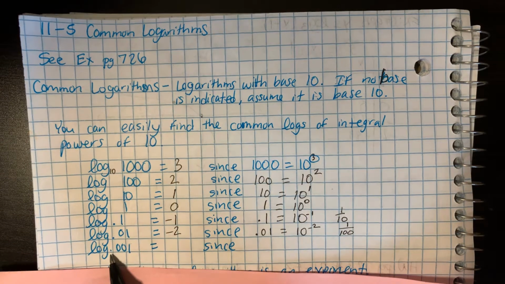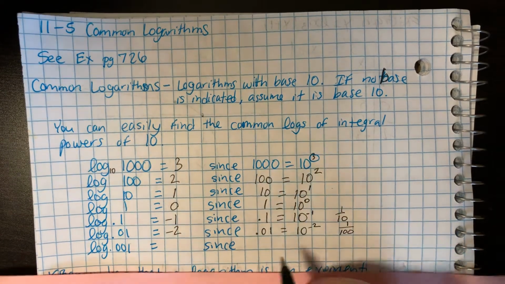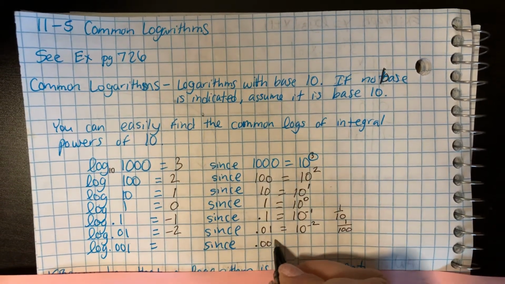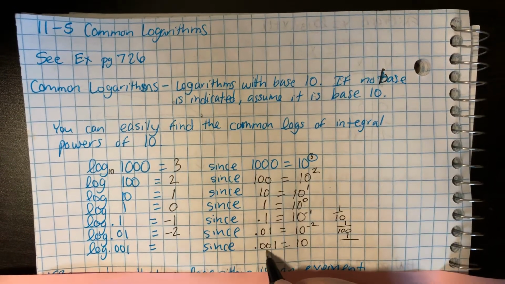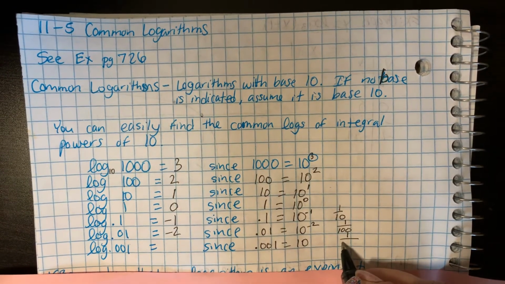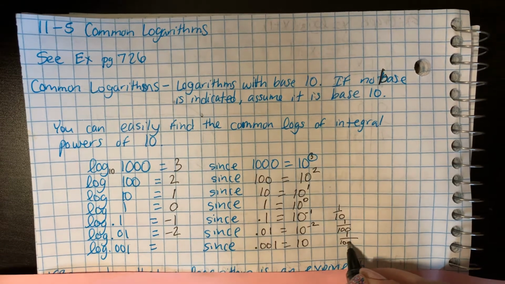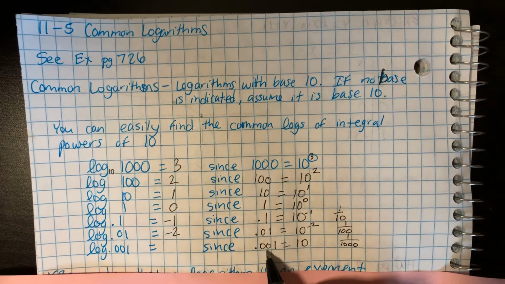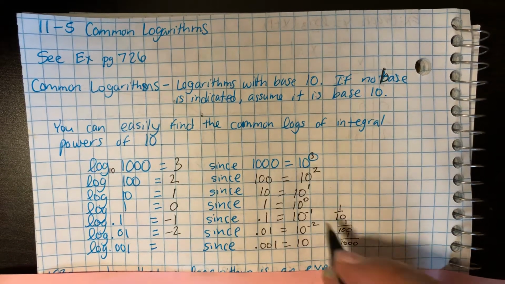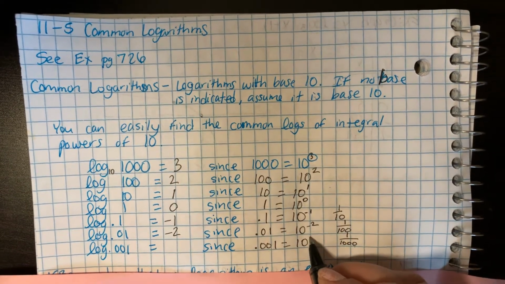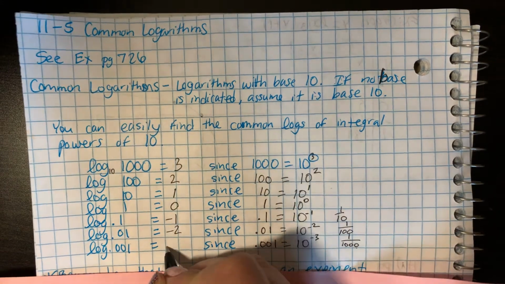And log of 0.001, 1 over 1,000th. So that's 3 places. 1,000th was to the third. To make it a fraction, we need a negative, and that's our answer.